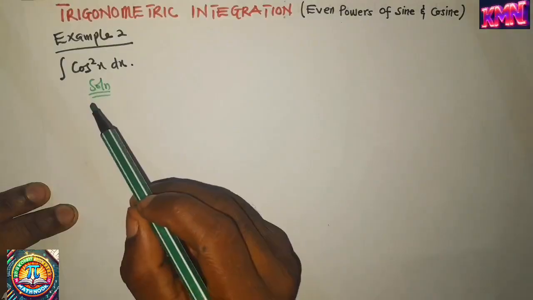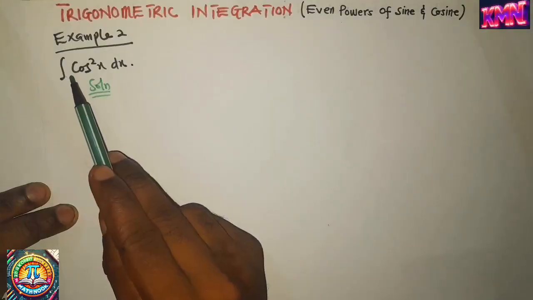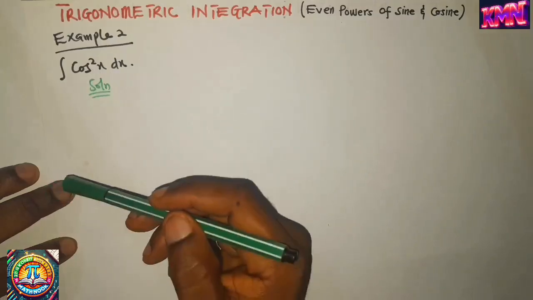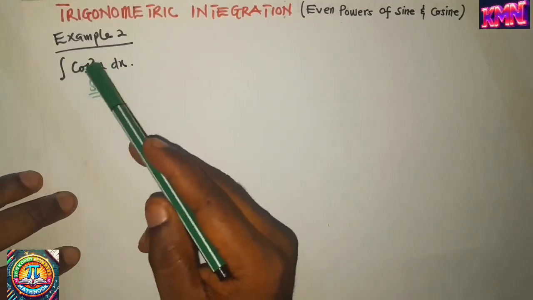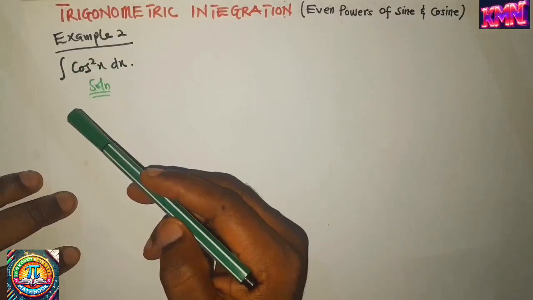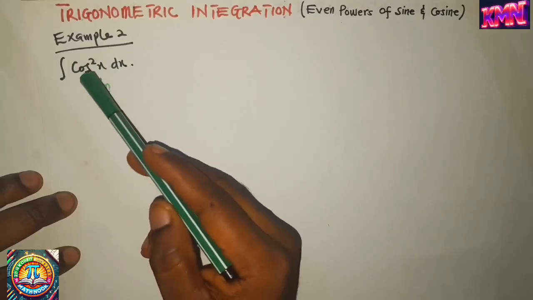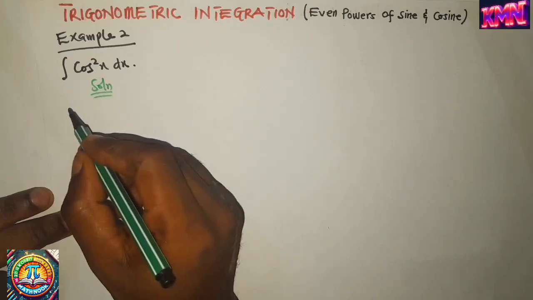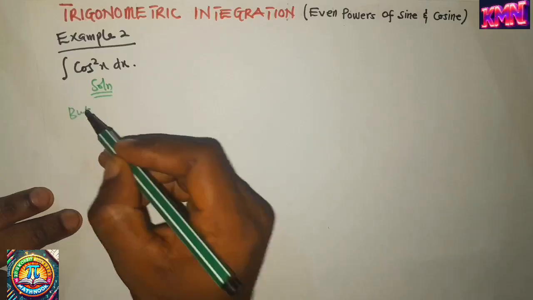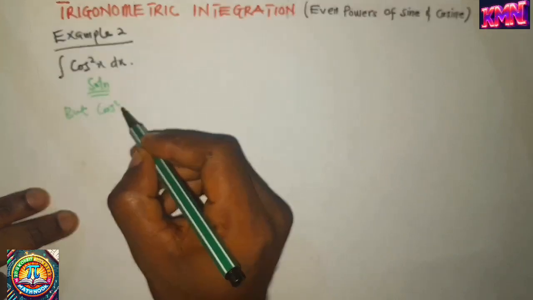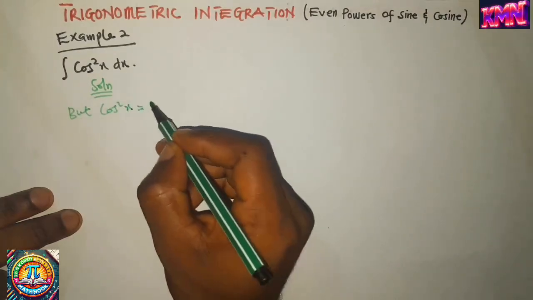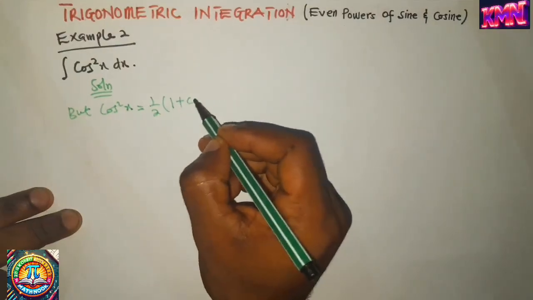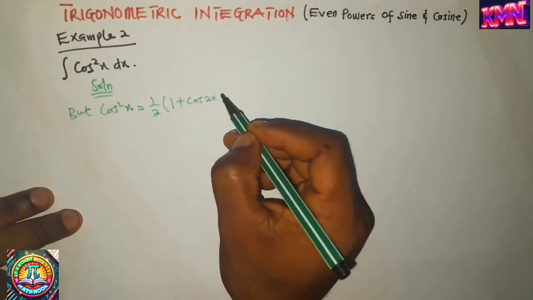In the same manner, if we are to integrate cosine squared x dx, due to the degree, we need to reduce the degree by introducing the half-angle of cosine squared x, which we know to be that cosine squared x is the same as half bracket 1 plus cosine of 2x.